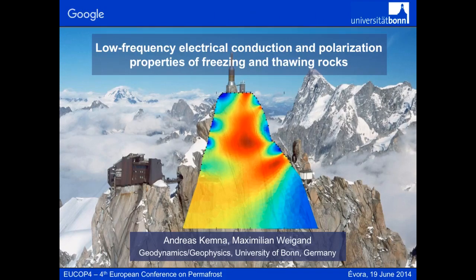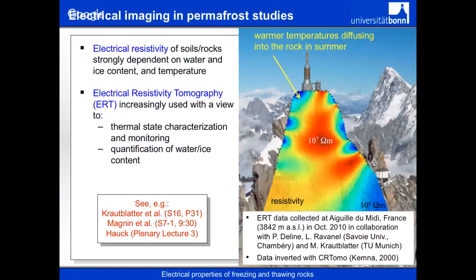And that's what resistivity is used as, a valuable indicator for thermal state. For instance, here you see, this is still resistive, but it's less resistive than the red parts. So red here indicates high resistivity, and basically what you see here is the warmer temperatures associated with lower resistivities, diffusing into the rock in summer.